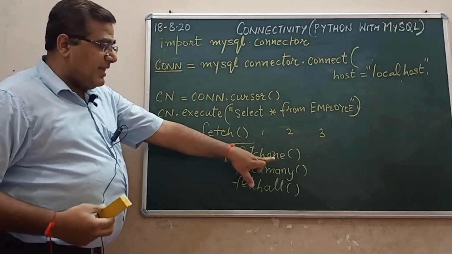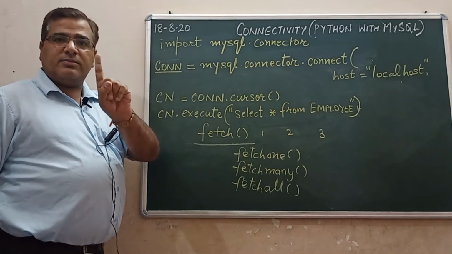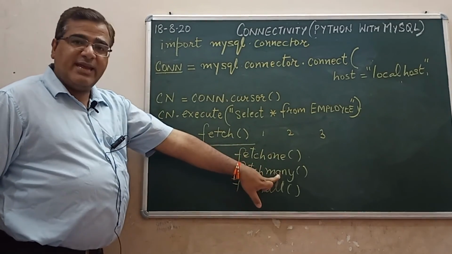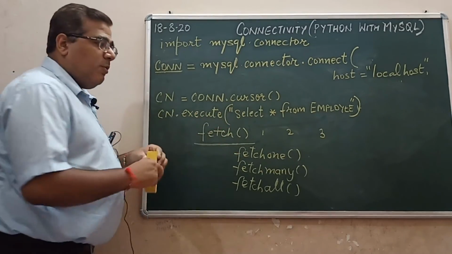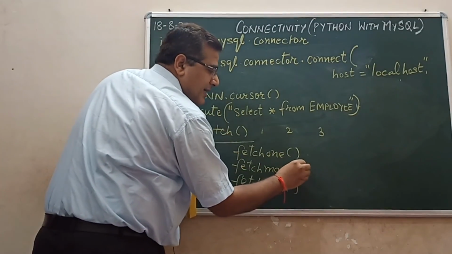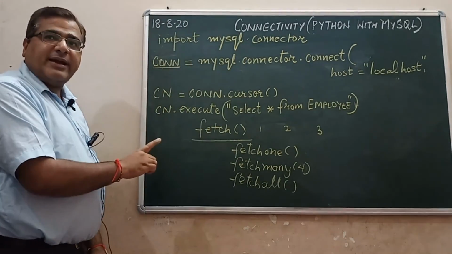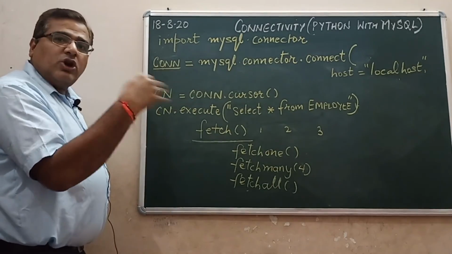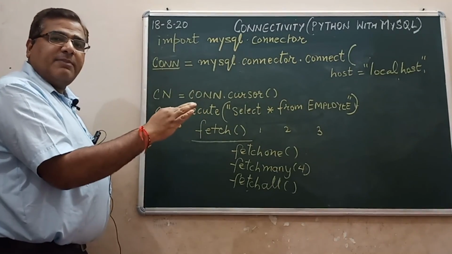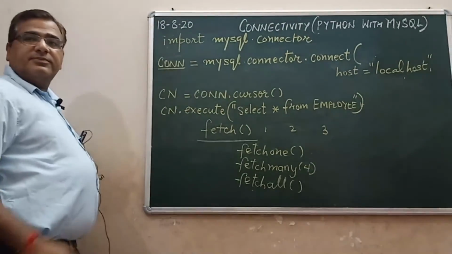Fetch one function means access one record at a time, only one record. Fetch many means the number of records you want to access, you pass the number in the bracket. I want to access 4 records, so I will be writing 4 in the bracket. Fetch all means all the records which are in the employee table will be accessed by this function.